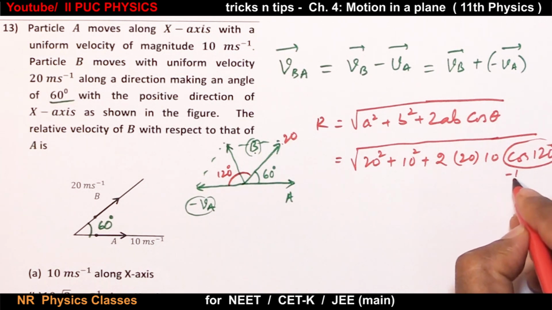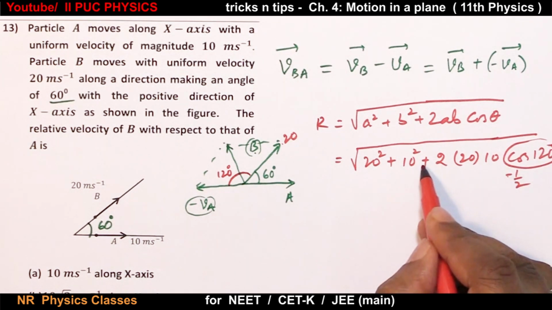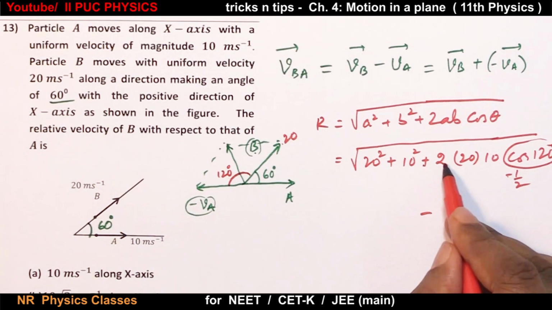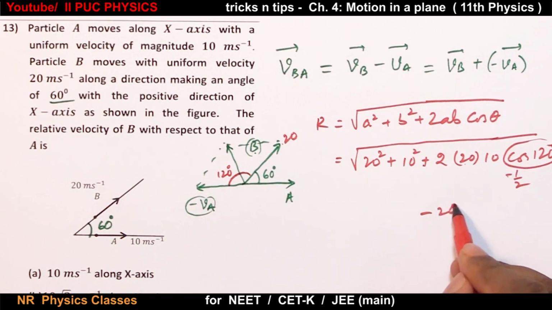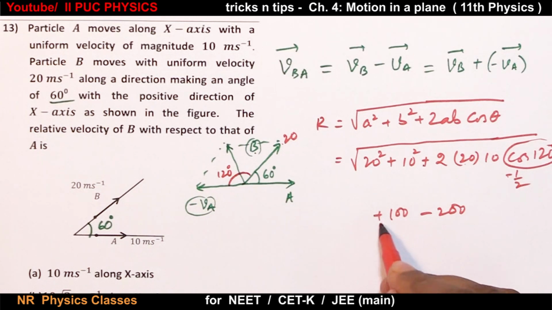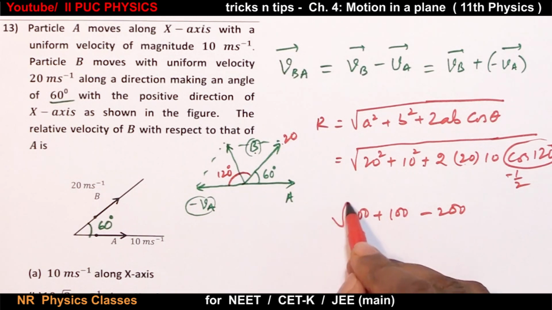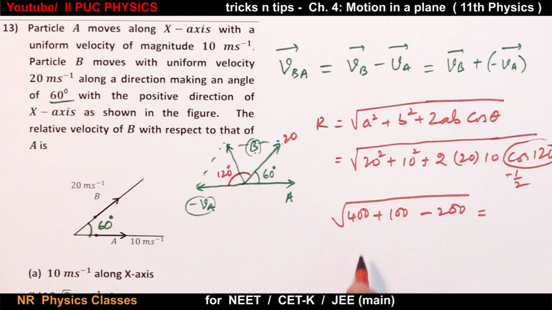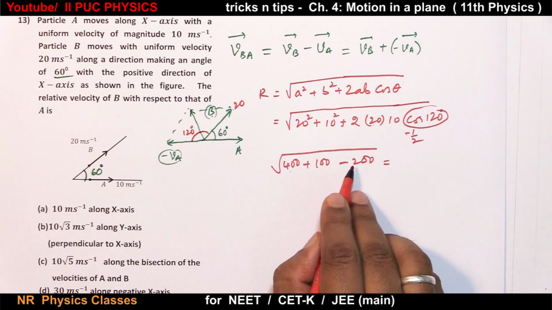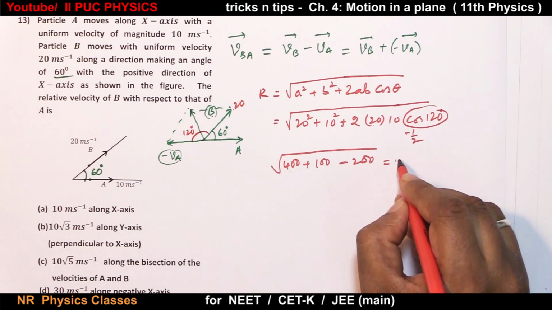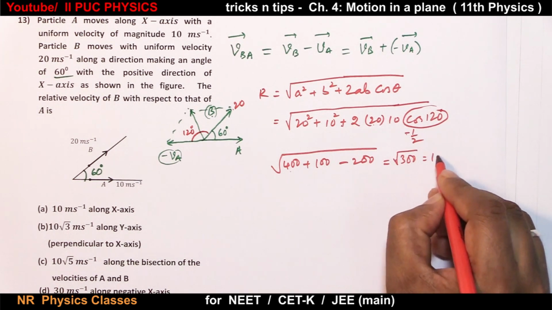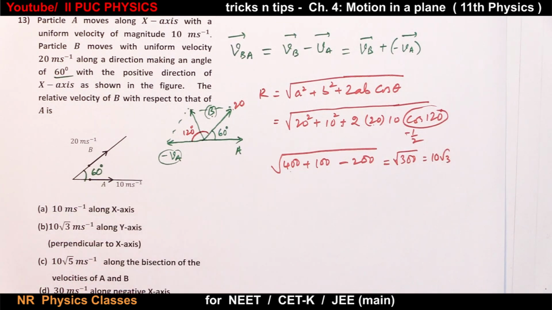It is minus half. Minus comes here. Minus 2 half gets cancelled. 200. This is 100, this is 400. This is 500, minus 200, 300. Root 300 is nothing but 10 root 3. 10 root 3 is only with this option. If 10 root 3 is there with other options, then check the remaining.